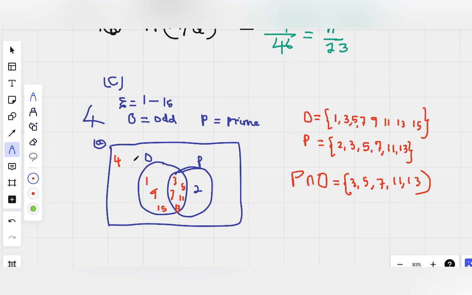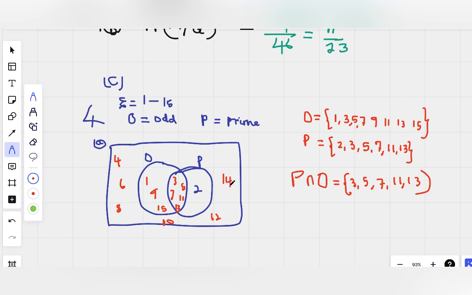All those ones, you're going to write them outside. You can write them anywhere as long as it's outside these two circles. So these are the other numbers, they are out here. So you've done what they've asked you to do, the first one.